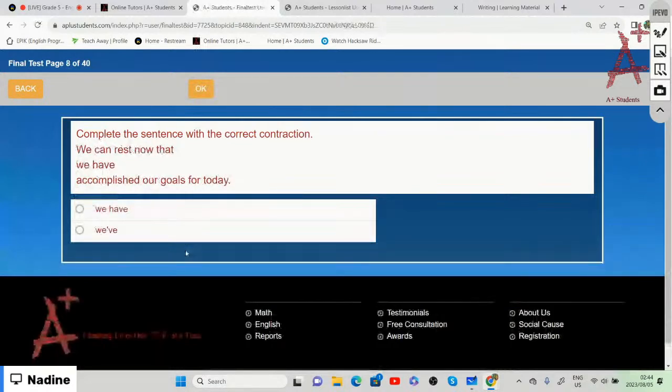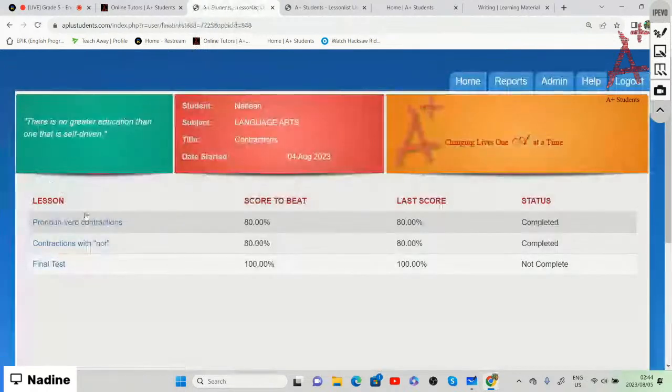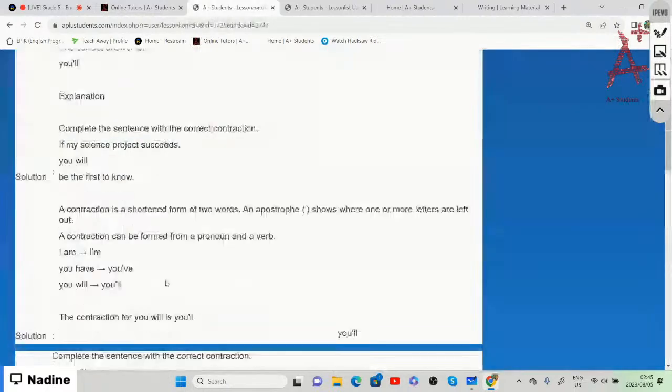All right, so that is basically contractions, right? And we said a contraction is a shortened form of two words. So it's two words that are being shortened, and then we put an apostrophe to show where one or more letters are left out.